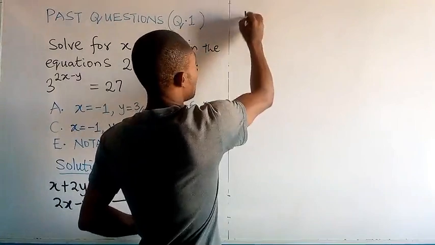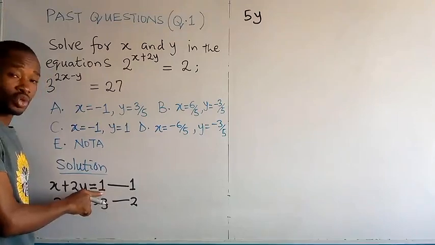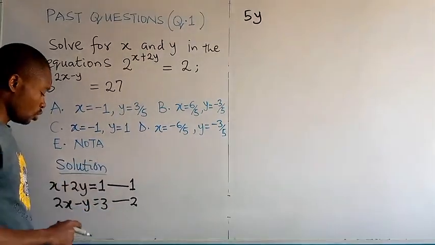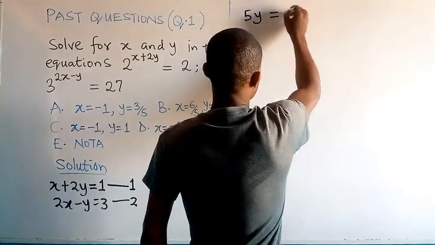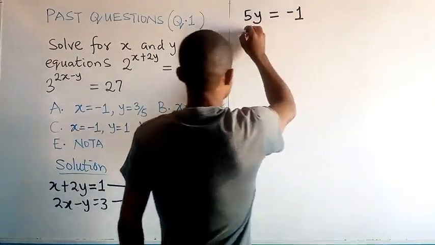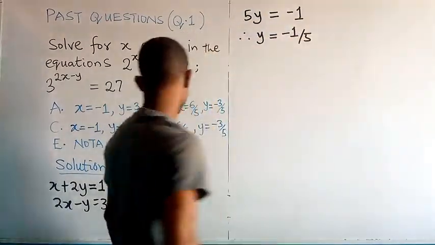Then move to the right hand side, multiply this one by 2. You have 2 times 1, which will give you 2, minus 3. 2 minus 3 is going to give you minus 1. Therefore, you would see that y is equal to minus 1 over 5.